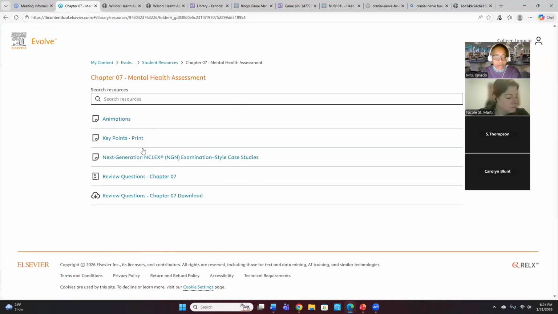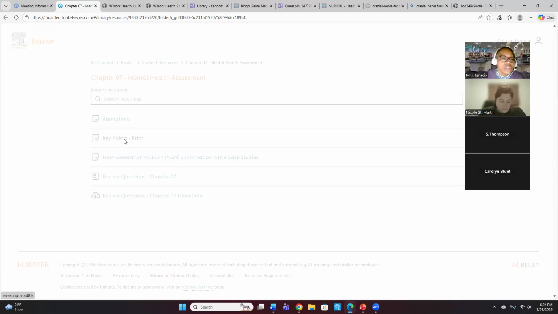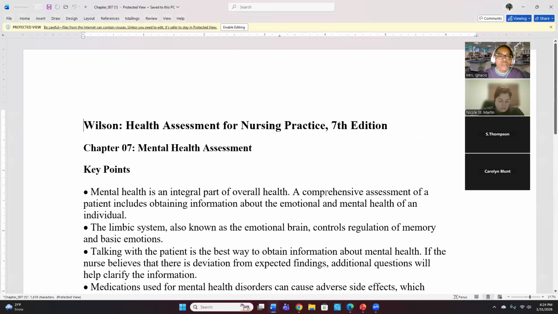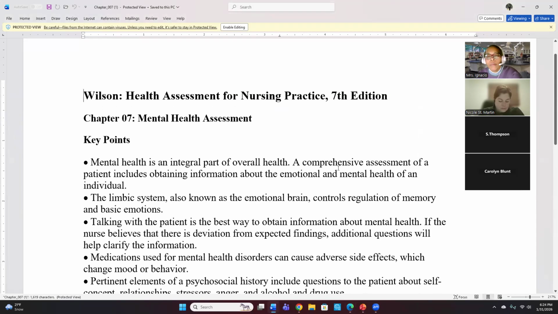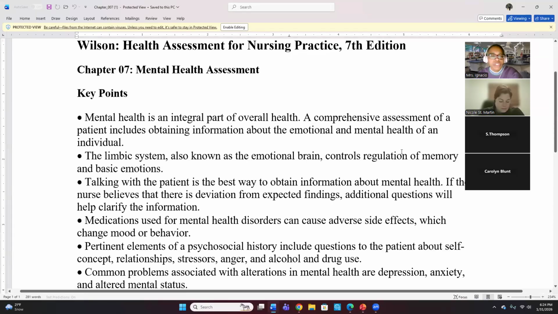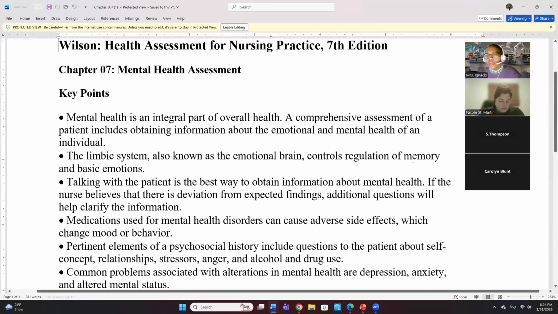Okay, so let's talk about these things in chapter 7 and go to the key points. When we think about mental health, let's go to Shamika. Shamika, when you think about mental health, what do you think about in terms of assessment?